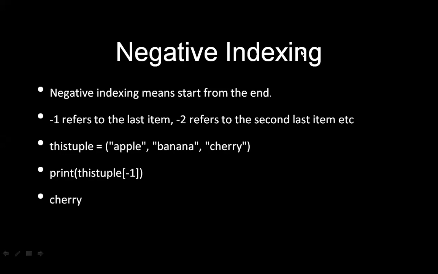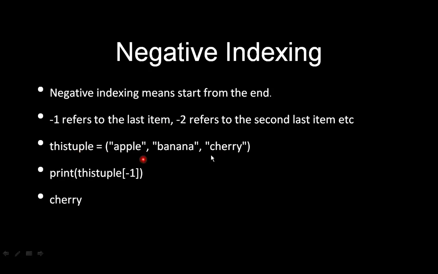With negative indexing, -1 refers to the last item, and -2 refers to the second last item. Suppose I want to access the element cherry, which is the last element present in this tuple.